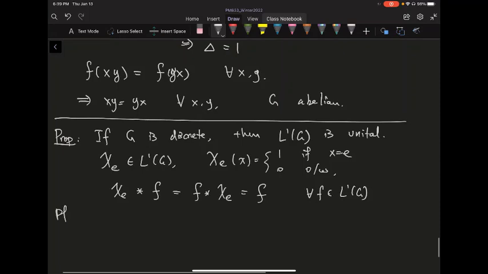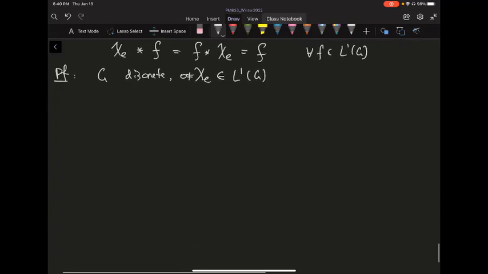First of all, because G is discrete, the singleton point is closed and open, so chi E itself is indeed inside L1 of G, and it's a non-zero function. When you're discrete, the left Haar measure can be the counting measure, for example. Now consider chi E convoluted with f, evaluated at a point x.